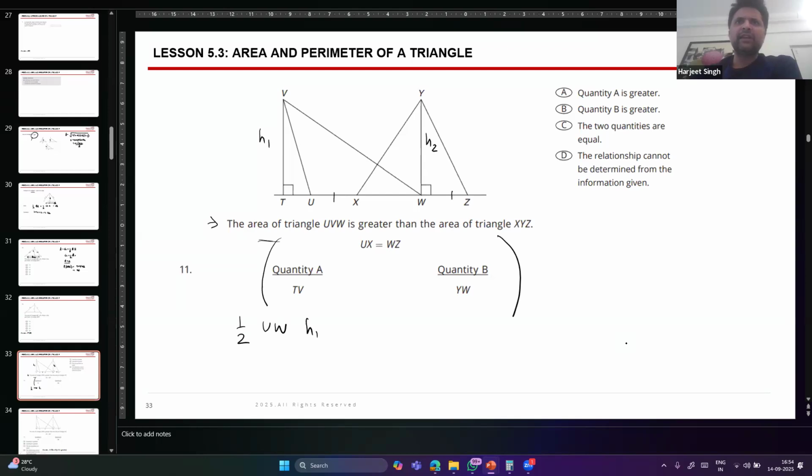And area of triangle XYZ, which is this whole triangle, is half into base XZ and height H2. We need the relationship between H1 and H2, if possible. Now we also know that area of UVW is greater than XYZ.